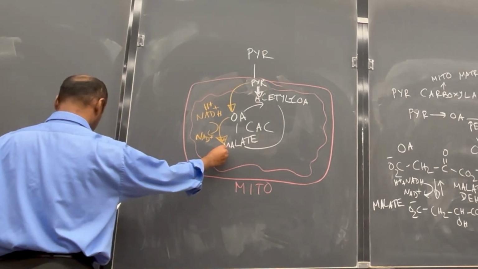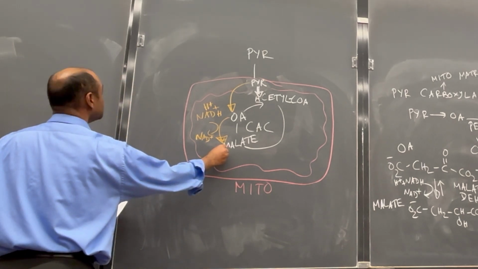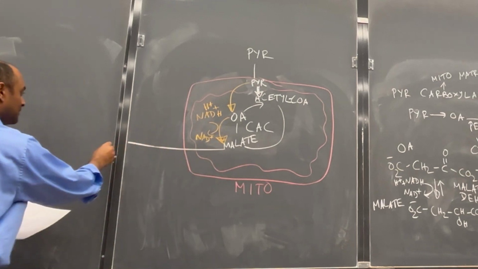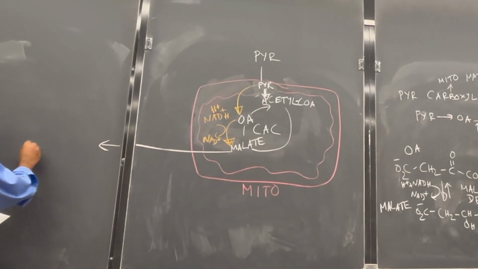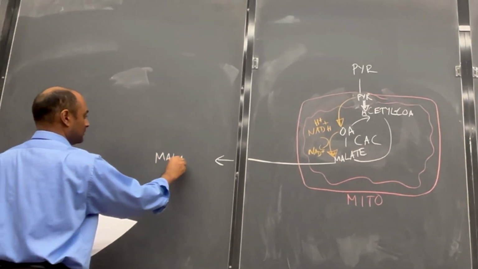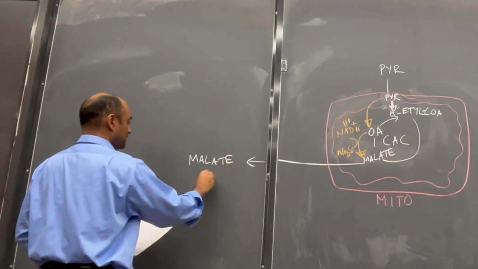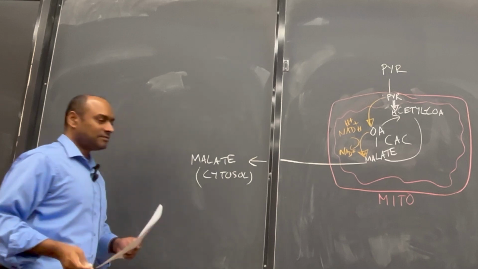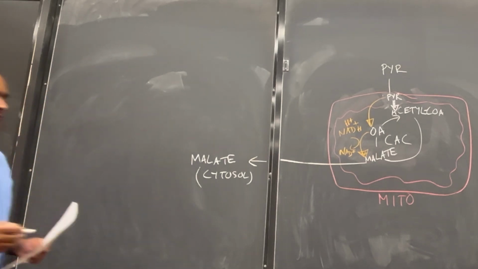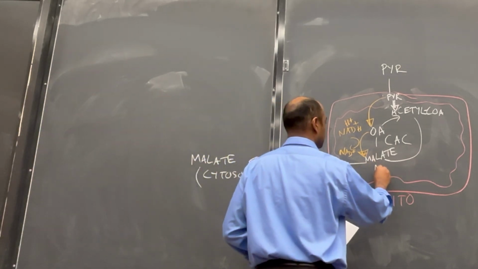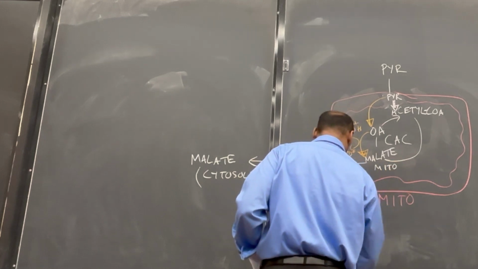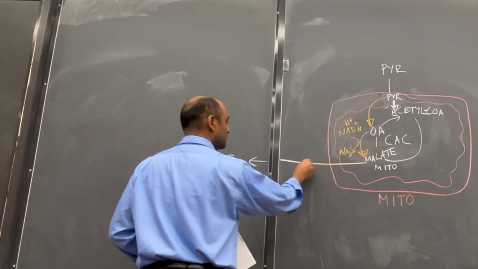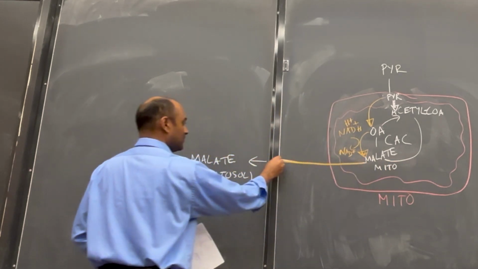And I will make it escape on this side of the board. So now malate in the cytosol, it moved from mito to cyto. I'll use the orange chalk to show the gluconeogenesis.